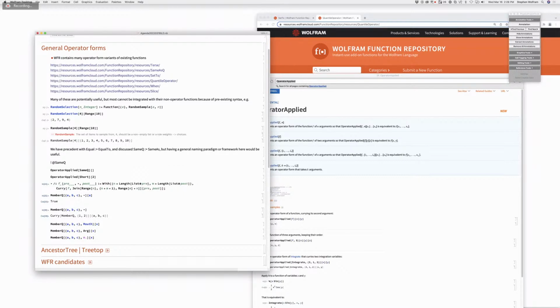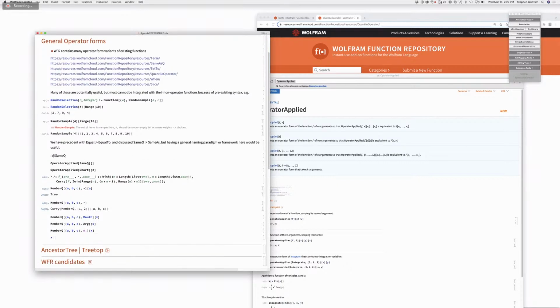The real question is, is it a syntactic convenience? For example, I routinely use this form of function occasionally, and occasionally that's super nice and super useful. It's such a common construct.